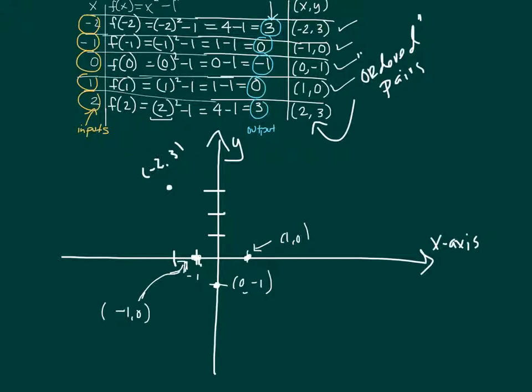And then 2, comma 3. So there's 1, 2, and then this is 3. So up 3. So here's 2, comma 3. So if we connect these points, or connect the dots, we get something like this. And you have to put arrows. Okay, that should go through that point.